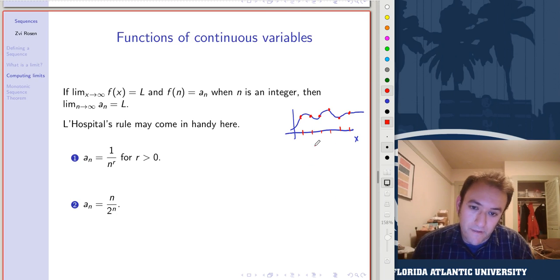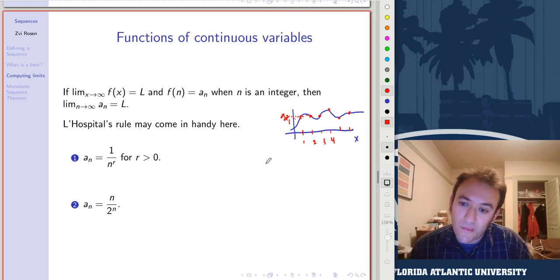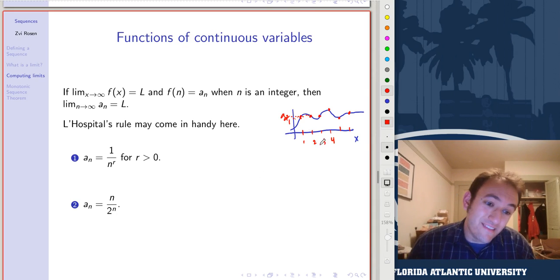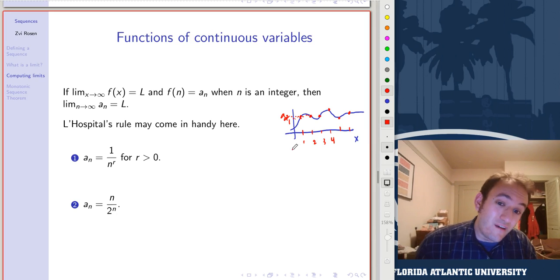So this is 1, 2, 3, 4, etc. The value here is a sub 1. This value is a sub 2, etc. Then taking the limit of the whole function will give you the limit of this sequence of red points.